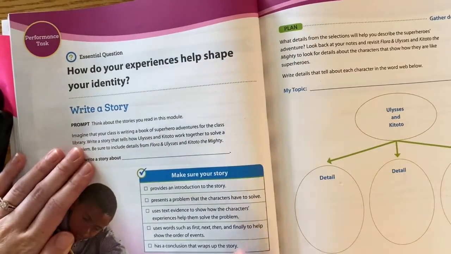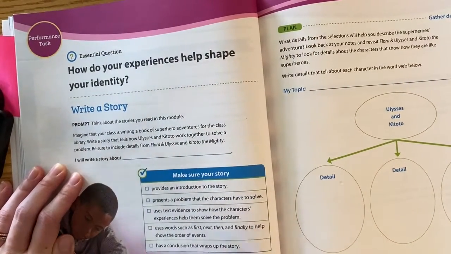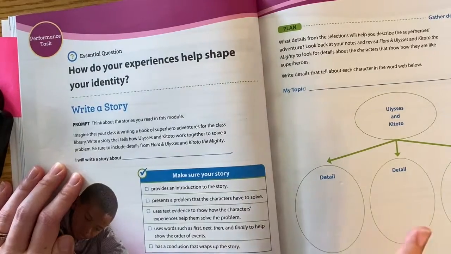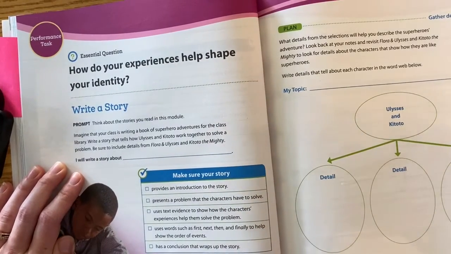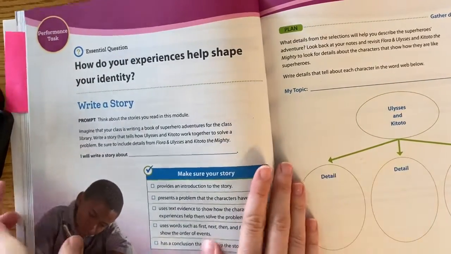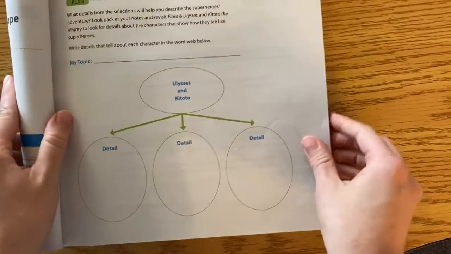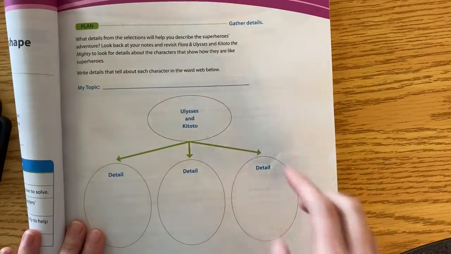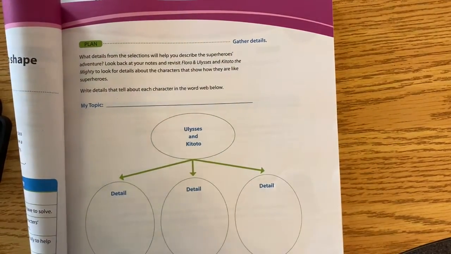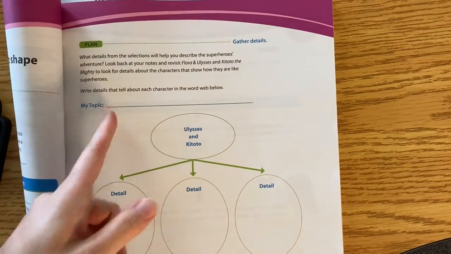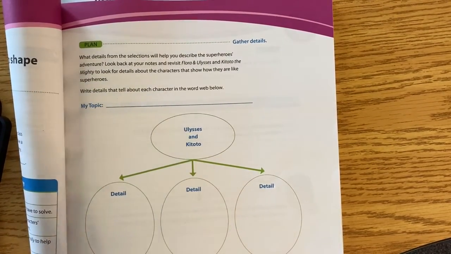And here, once you get started with your story, it gives you a little checklist, but we're not quite there yet. The next part you're going to want to do is your plan. So over here, there we go. Your topic. Once you brainstorm a little bit about what you want to happen in your story, you can fill that in there. And it says Ulysses and Kitoto.